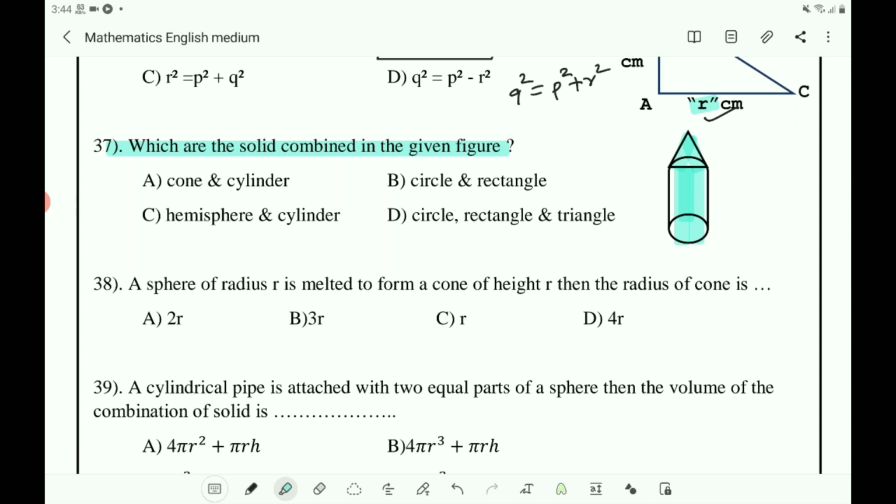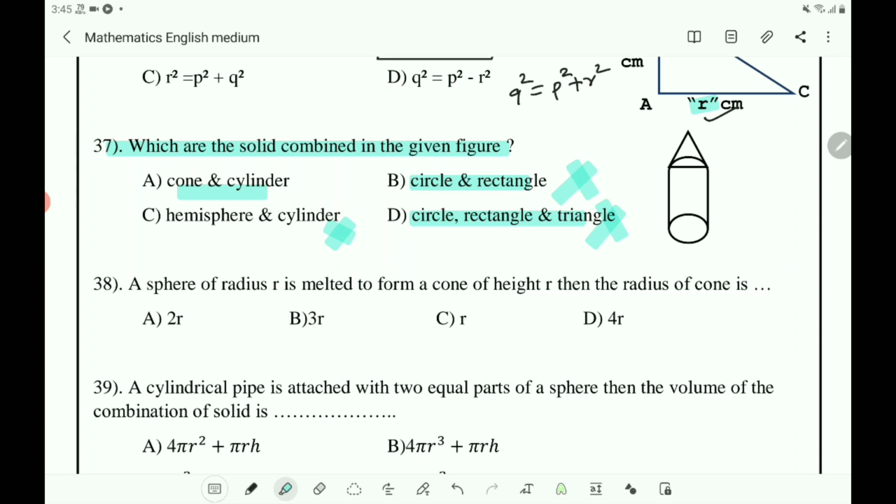The options are cone and cylinder, circle and rectangle, circle, rectangle and triangle, and these are not related to solids. Hemisphere and cylinder. Here you can take the cone and the cylinder.